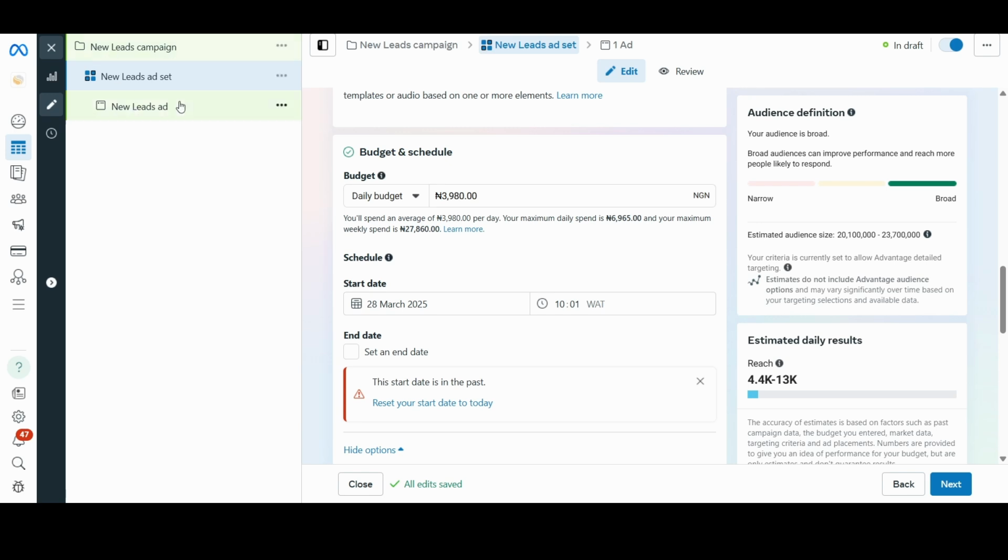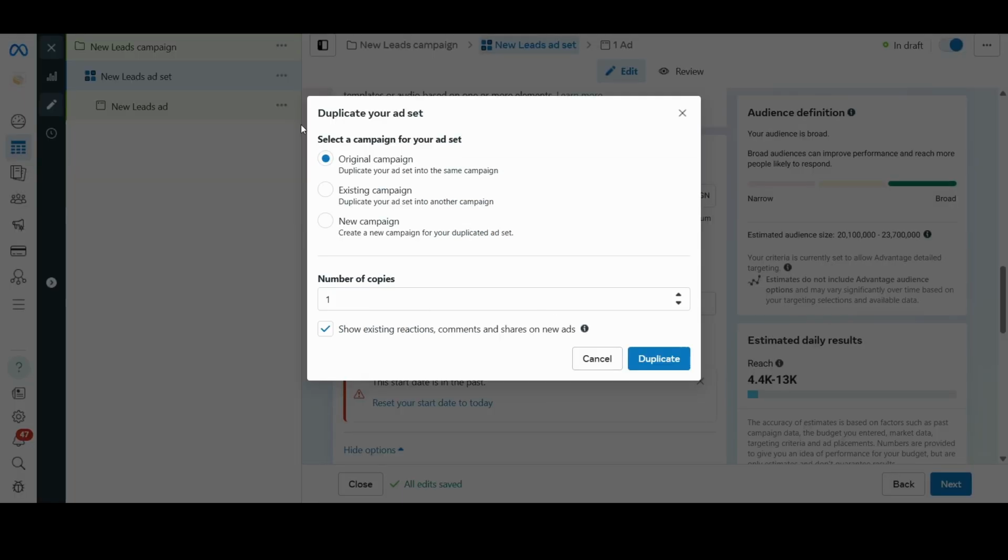So if I have in this campaign 3 ad sets, for instance, and I am trying to test which of my ad sets would bring me the best cost per lead or cost per click, depending on what the goal of the advert is, what I'm going to do is I'm going to duplicate this.